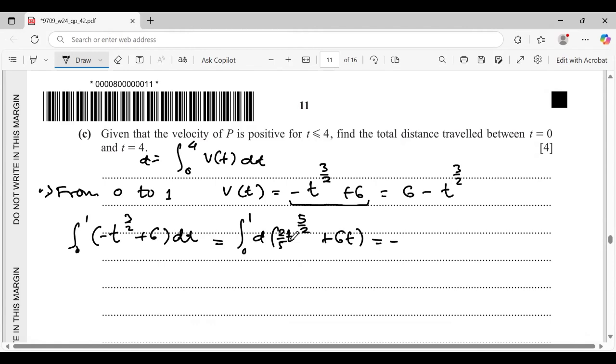So it is minus 2/5 times 1 to the power 5/2 plus 6 times 1. If you calculate all, it is 28 over 5.